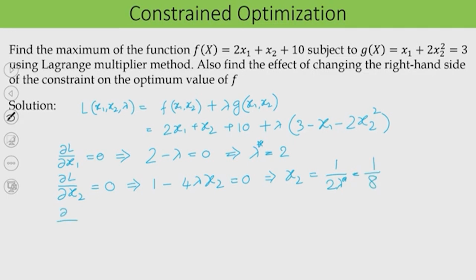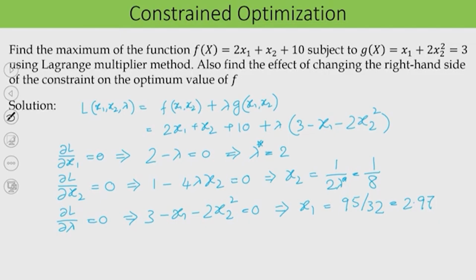The third equation is del L by del lambda equal to 0. So, what I am getting, that 3 minus x 1 minus twice x 2 square is equal to 0, and if I solve it for x 1, I will be getting x 1 equal to 95 by 32, which is equal to 2.97.